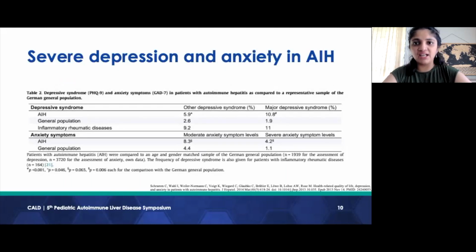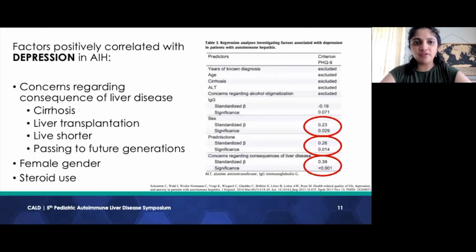Severe depression and anxiety were significantly more common in patients with autoimmune hepatitis. And as you can see, major depressive syndrome was almost 10 times more common in patients with autoimmune hepatitis compared to the general population. And it was right there compared to inflammatory rheumatic diseases. Some of the factors that positively correlated with depression in our patients were concerns regarding consequences of their liver disease, female gender, and steroid use.